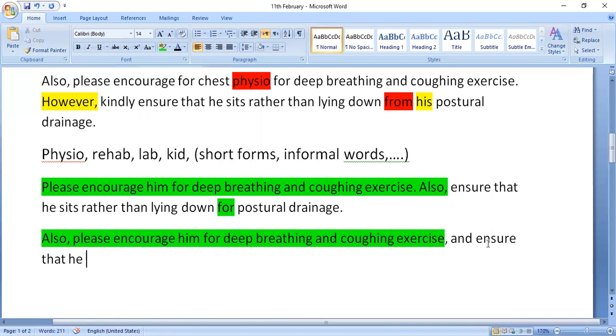Kindly facilitate sitting position for postural drainage. Okay, yes, and ensure. Encourage is already written. Encourage him for deep breathing and coughing exercise, and ensure that, yes, we can write "ensure" a little bit.